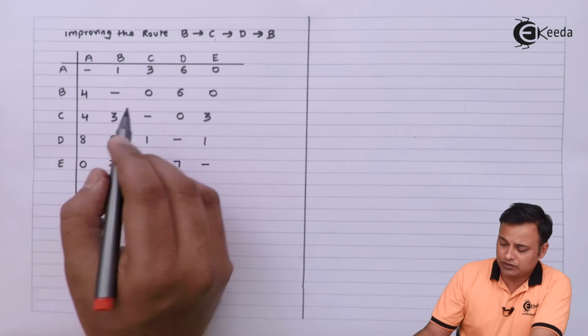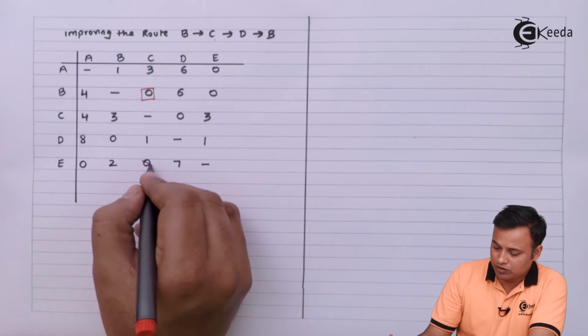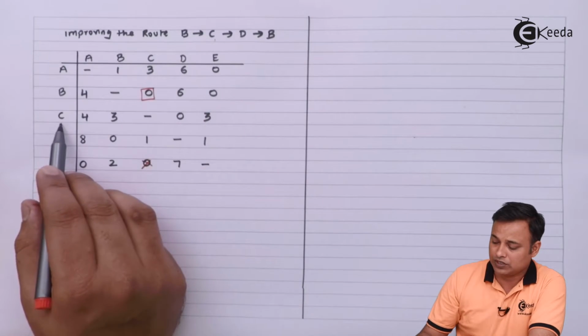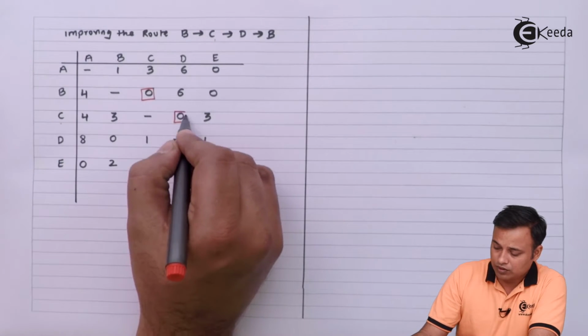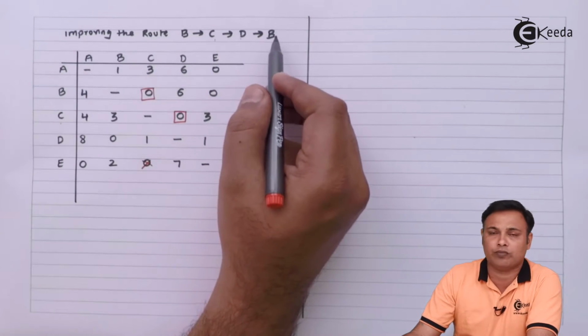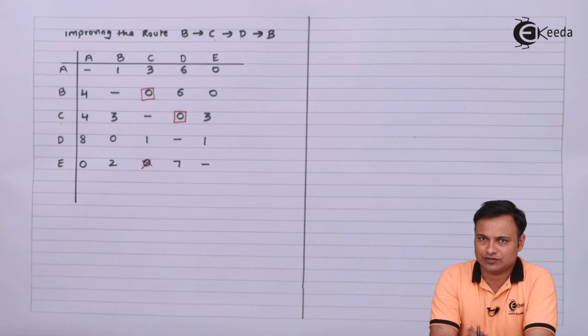I go to C first. So this is my first allocation. So I'll cancel all the zeros in that particular column. From C I go to D. And then as per the assignment, I come back again from D to B, which is not allowed because still I have got 2 more cities to cover, that is A and E.